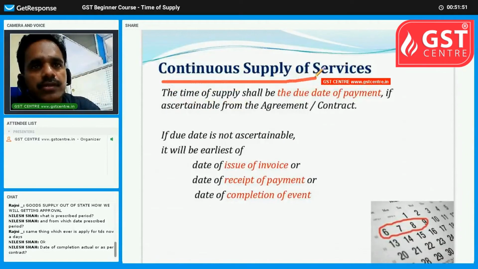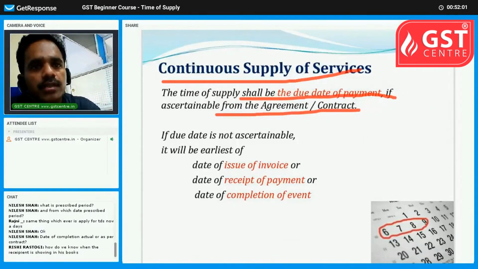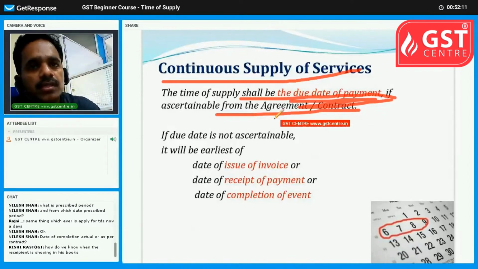And here continuous supply is also coming. For continuous supply of services, the time of supply shall be the due date of payment, if ascertainable from the agreement or contract. Maybe it is on an installment basis, then the installment payment is mentioned in the agreement, and that date should be taken as the time of supply.